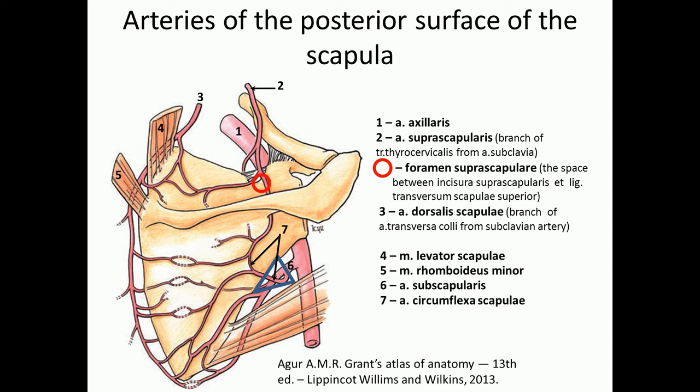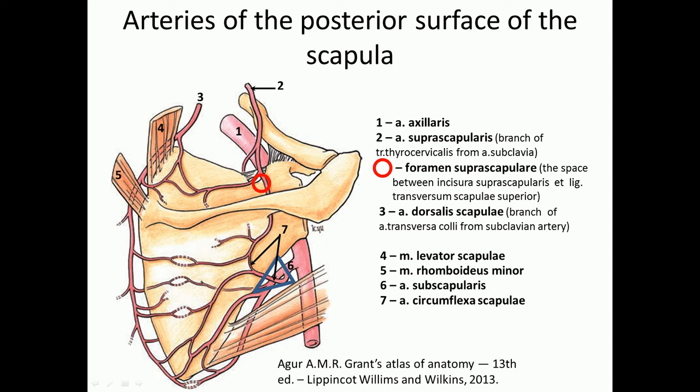Through this foramen, this arteria reaches the dorsal surface of the scapula and communicates with the ending branch of arteria suprascapularis, number 2, and also communicates with number 3, arteria dorsalis scapulae.